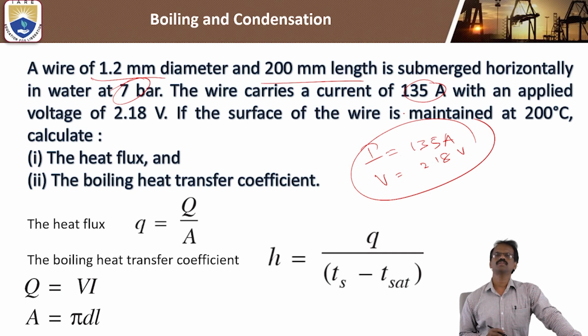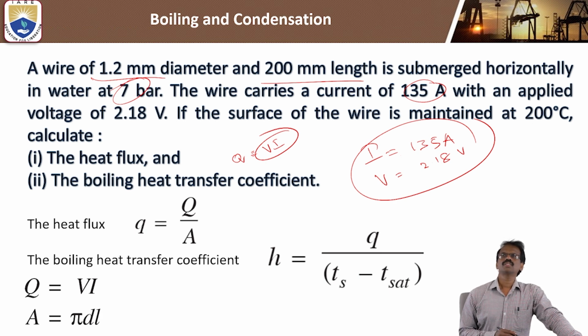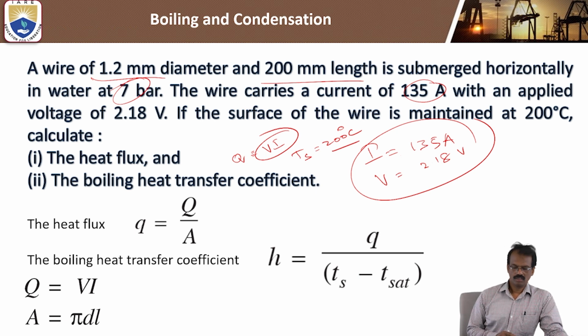Current and voltage have been given, so heat will be produced. We know the formula: rate of heat transfer Q is equal to voltage into current, V into I. The surface of the wire is maintained at surface temperature Ts equal to 200 degrees Celsius. This is the data given in this numerical.